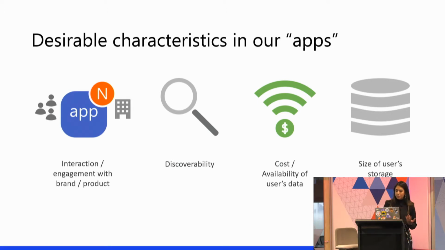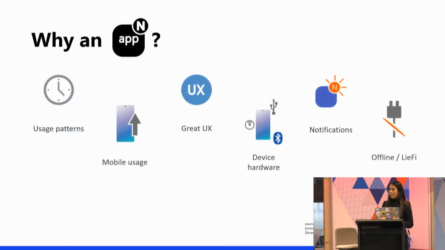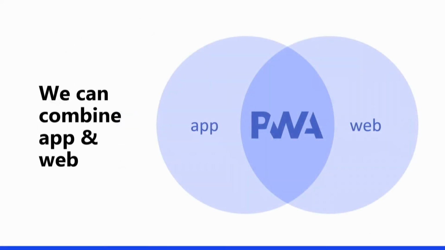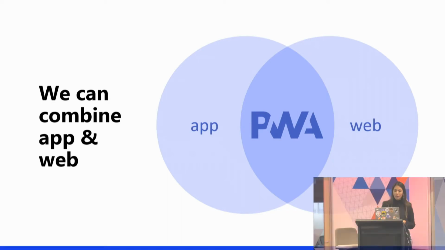And a few other things that I like to check is, for example, having an offline experience, right? There are certain countries where we have to take care about connectivity in order to improve the engagement of the user. So what if I want to use an offline experience? I want to even use notifications, right? And what if actually I can combine a native app with a web app? So that's why we have PWA, okay?